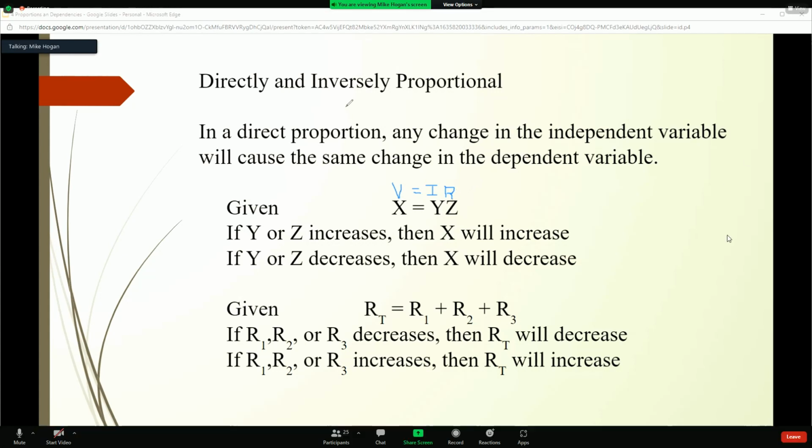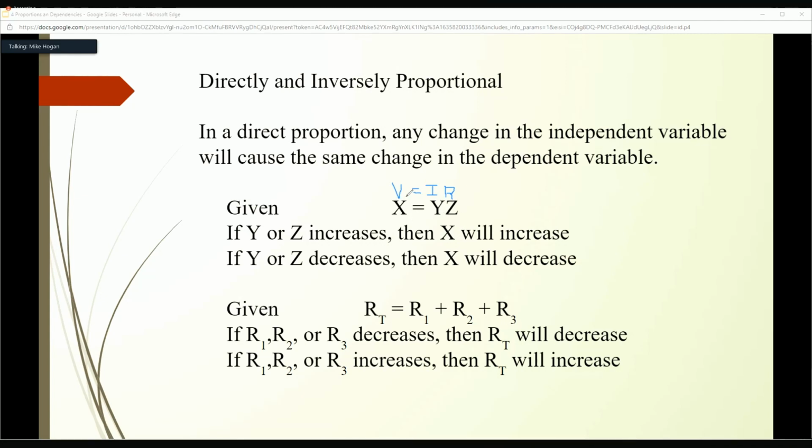So it's really this formula, X equals Y times Z, but it's voltage is equal to current times resistance. We're going to see this formula, voltage is equal to current times resistance, over and over and over until you guys have no problem with Ohm's law. That's what we're going to call that, Ohm's law, right?